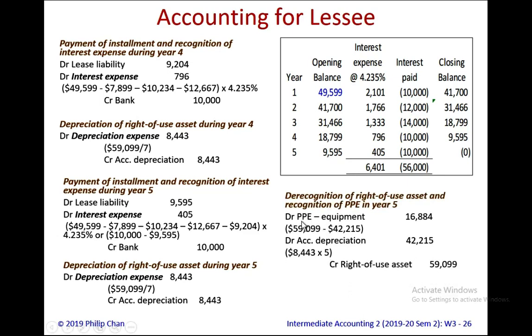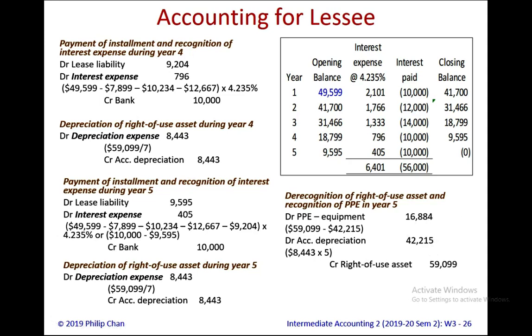It's no longer a right of use, but in fact, the ownership transfers, it belongs to the lessee now. So remember, the right of use asset cost is fixed from the beginning, $59,099. 5 years of depreciation altogether, you eliminate 42,215, the difference becomes your PPE.